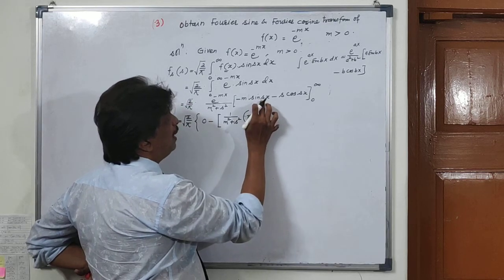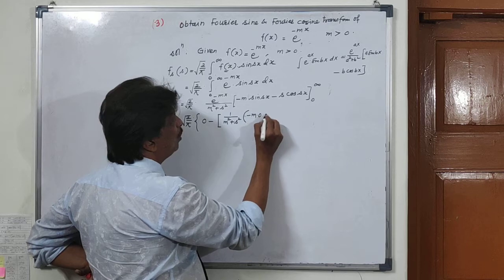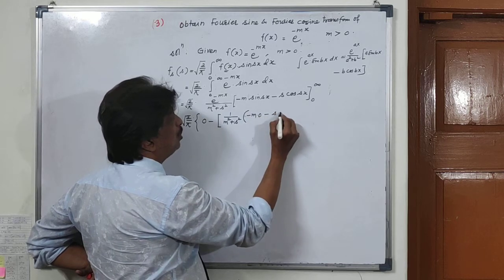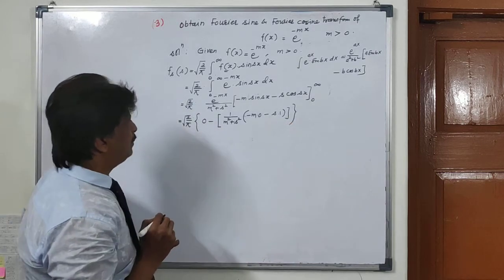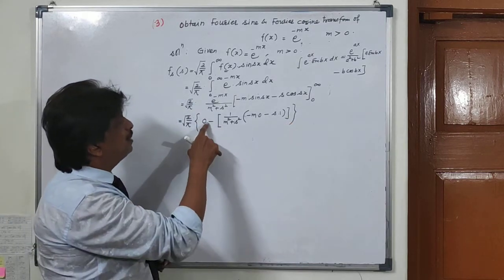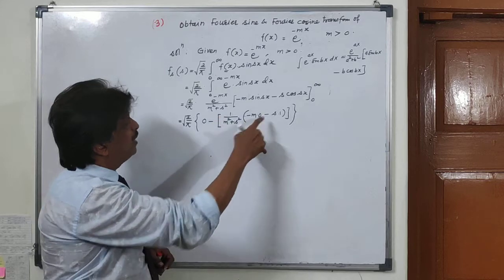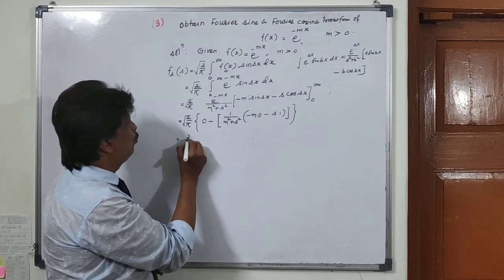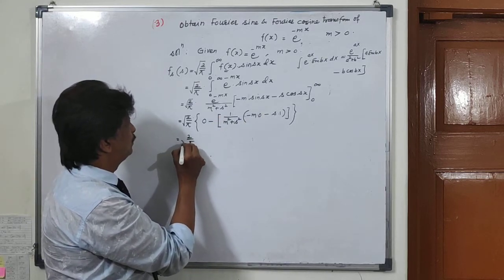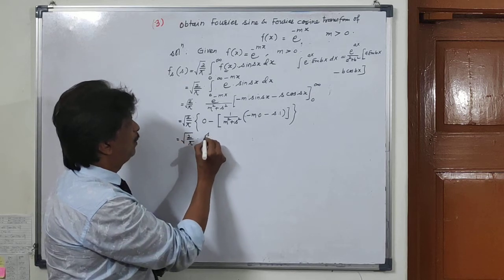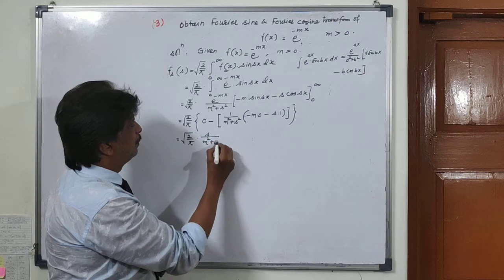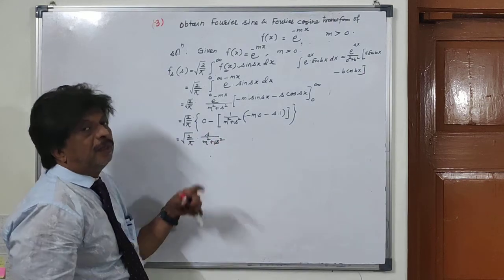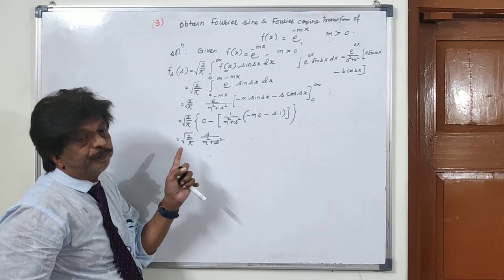Now lower limit x equal to 0, sin 0 is 0, minus s, cos 0 is 1. Inner bracket, outer bracket. So this minus and this minus becomes plus. So root of 2 upon pi times s upon s square plus m square. This is the Fourier sine transform.